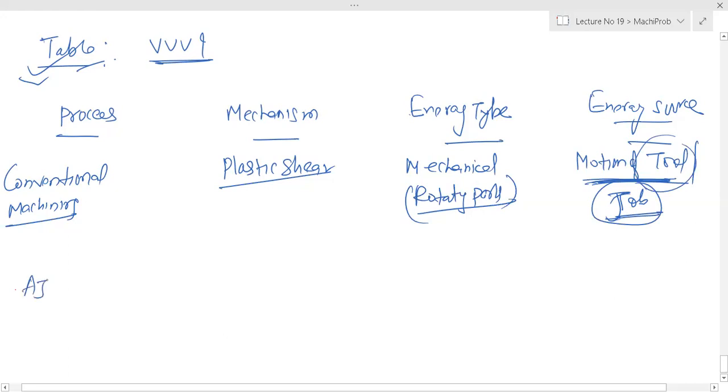Regarding AGM, I just ask whether everybody has gone through these topics before. Please let me know. Who is the first timer? Advanced machining processes, first time, who all are there? Anybody hearing these names for the first time, EDM, LBM, ECG, ECM, USM, AGM?